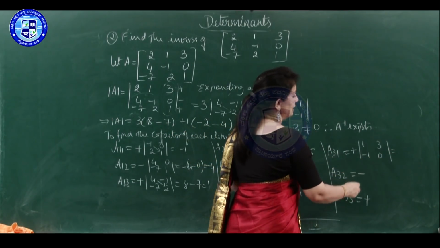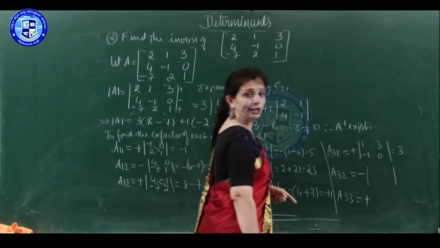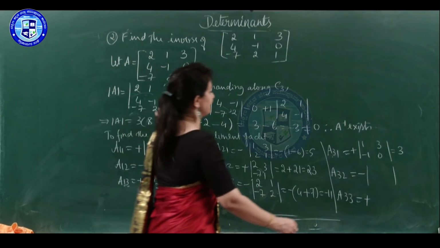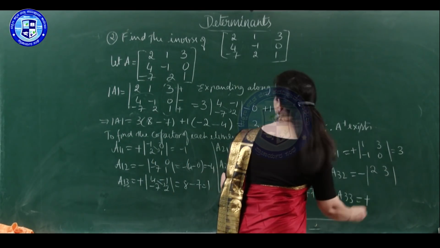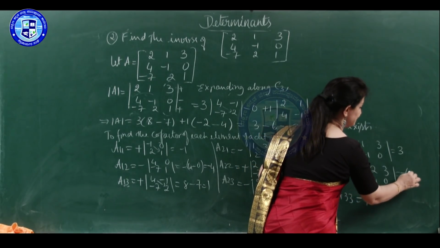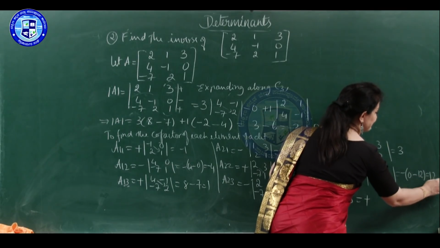So it is 0 minus of minus 3, which is 3. A32, what is it? Third row and second column when you eliminate, it is 2, 3, 4, 0, which is equal to 0 minus of 0 minus 12, which is plus 12.